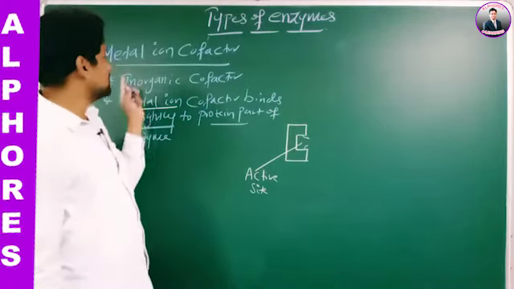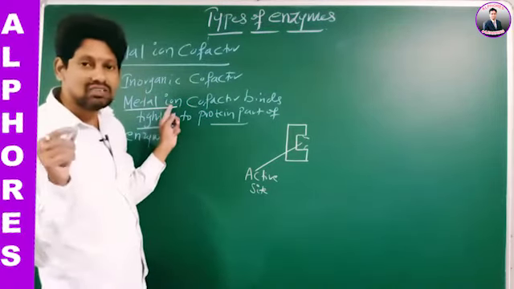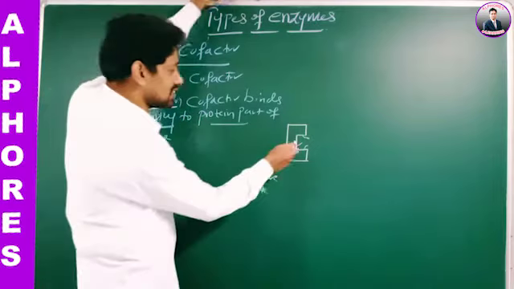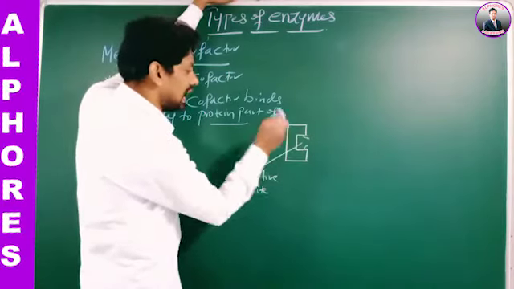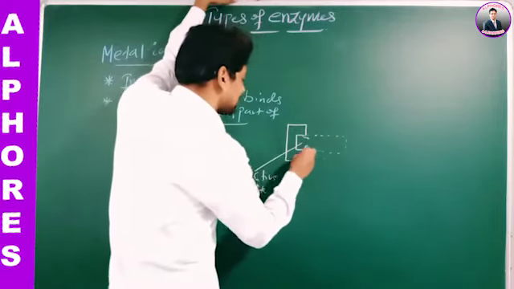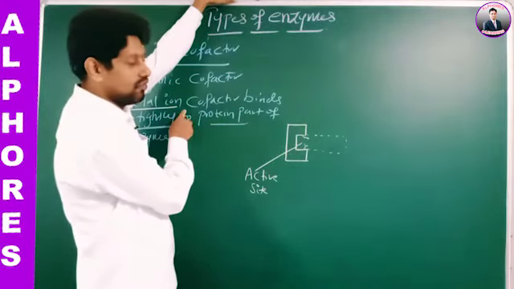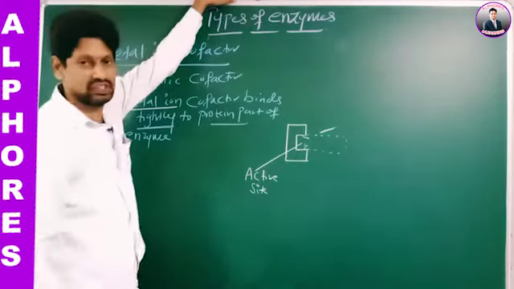This metal ion cofactor forms coordination bonds with the side chains present in the active site. In this active site, the substrate comes and binds. With that substrate also, this metal ion cofactor forms coordination bonds.